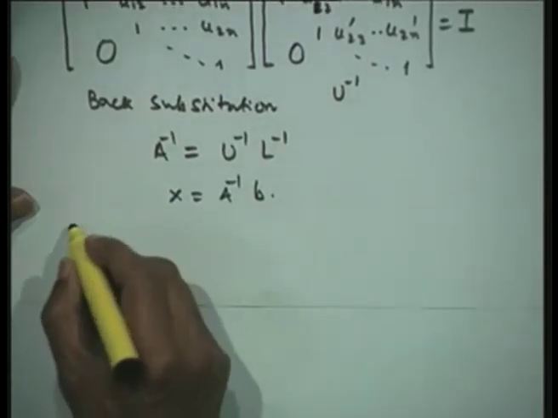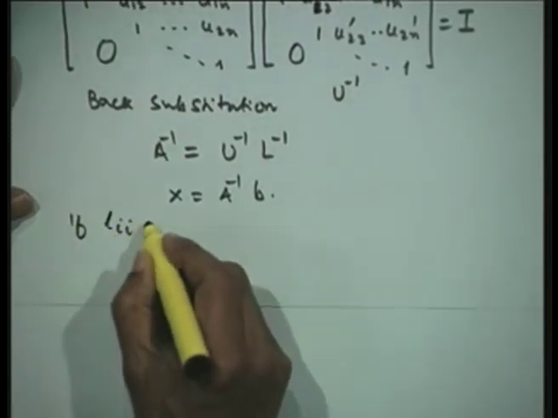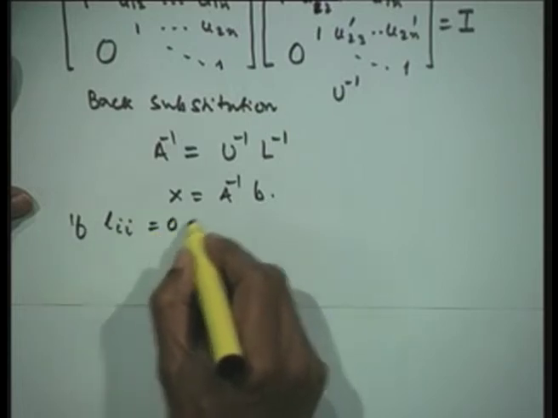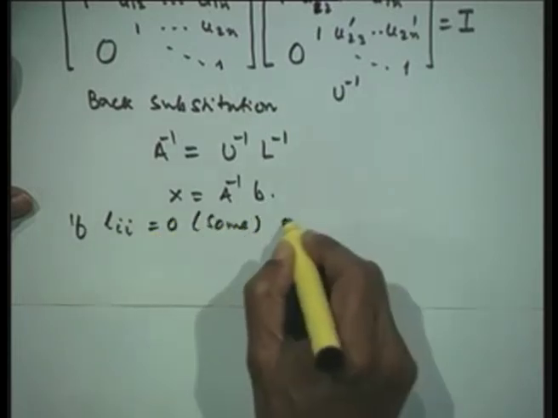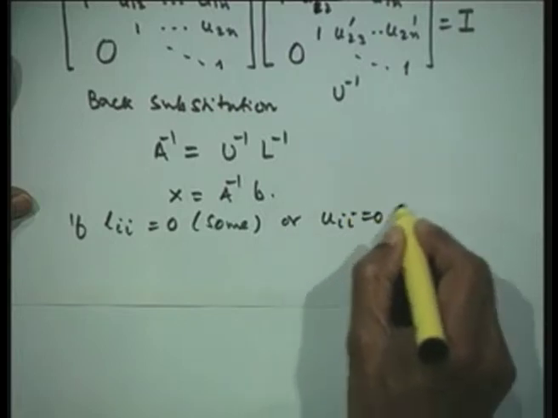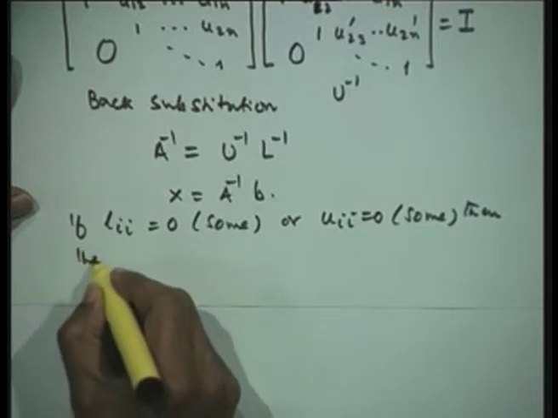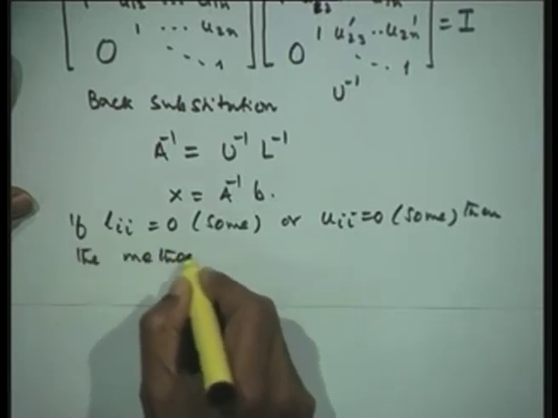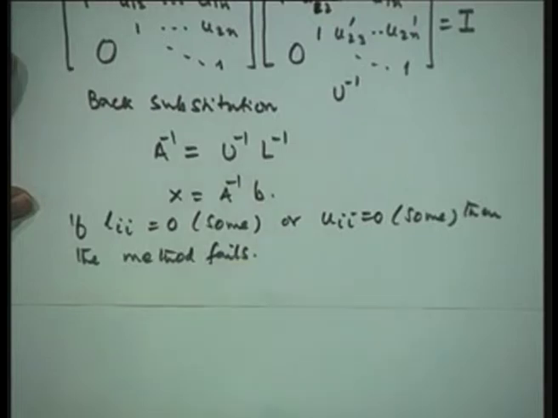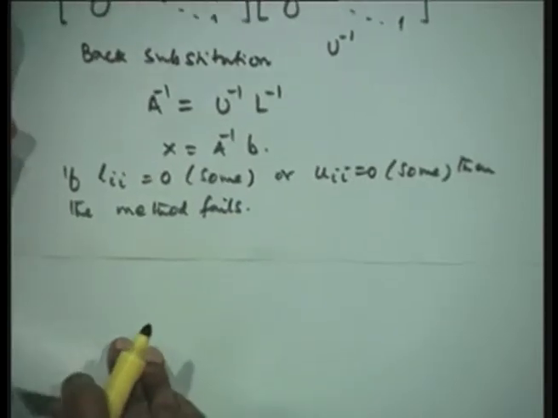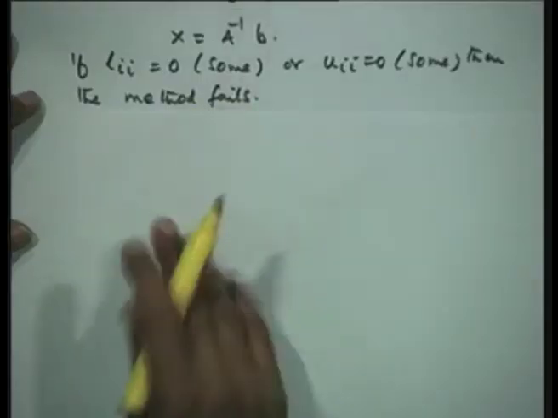So, it will fail only if some Lii is equal to 0, or some Uii is equal to 0, then the method fails. But of course, there is always a way out for this one. One can introduce other techniques of avoiding this pitfall of having a pivot as 0.